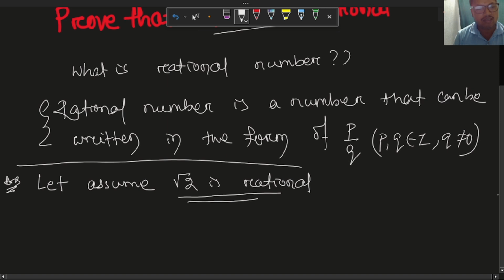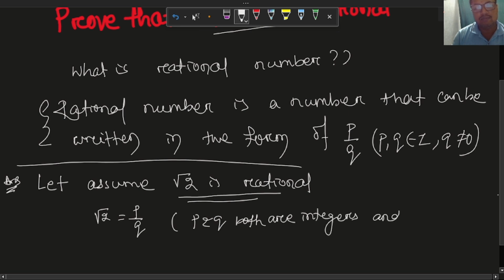If root 2 is rational, then root 2 can be written as p by q, where p and q are both integers, and q does not equal 0. Let's say that p and q are co-prime.